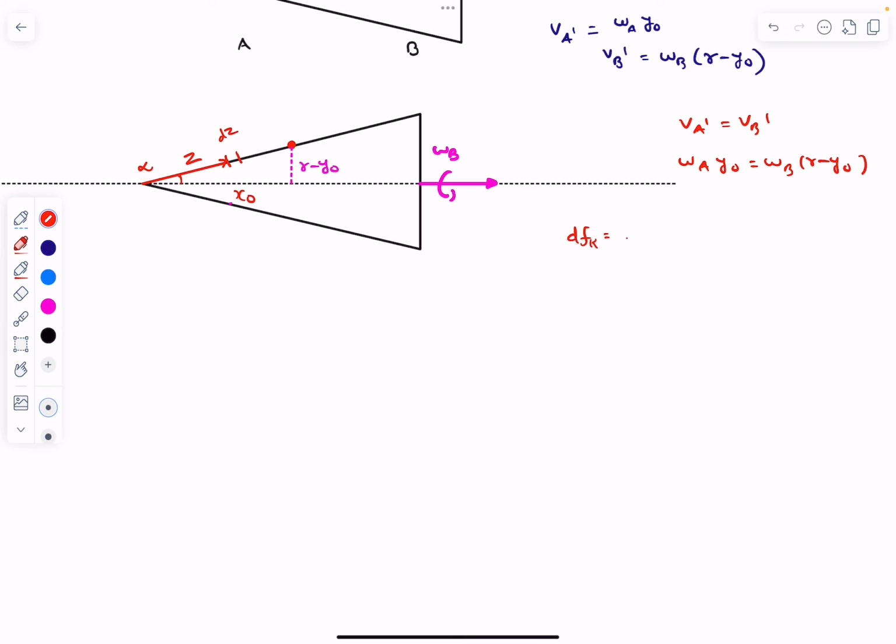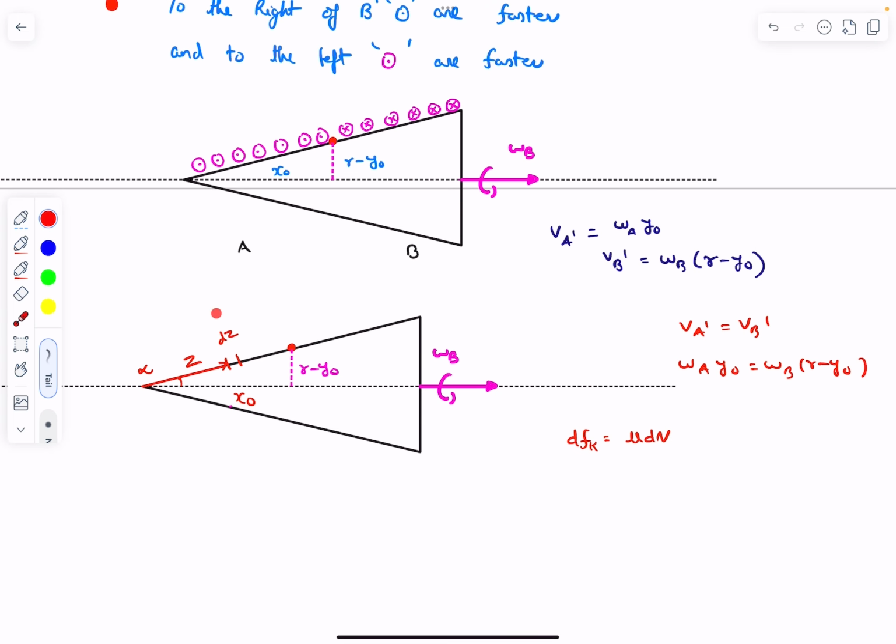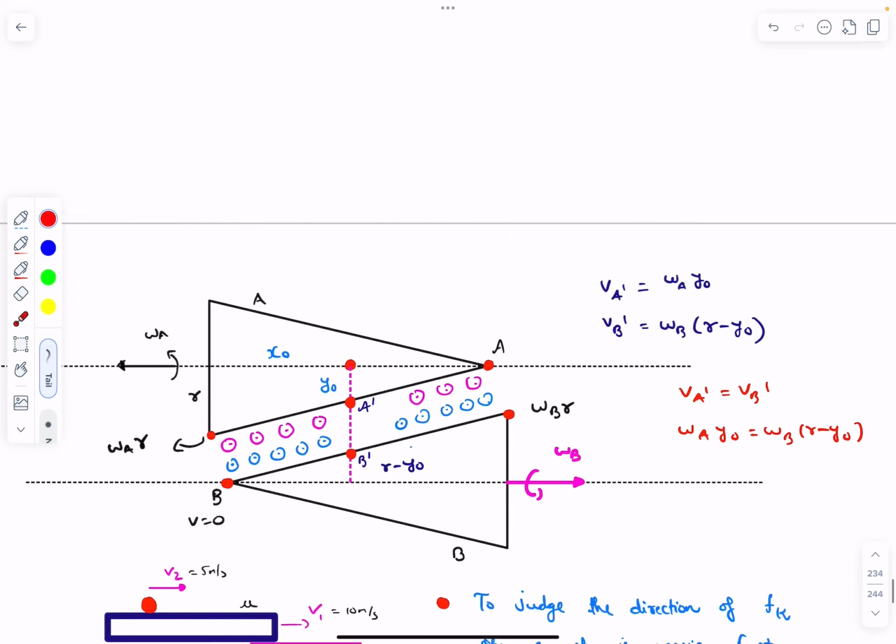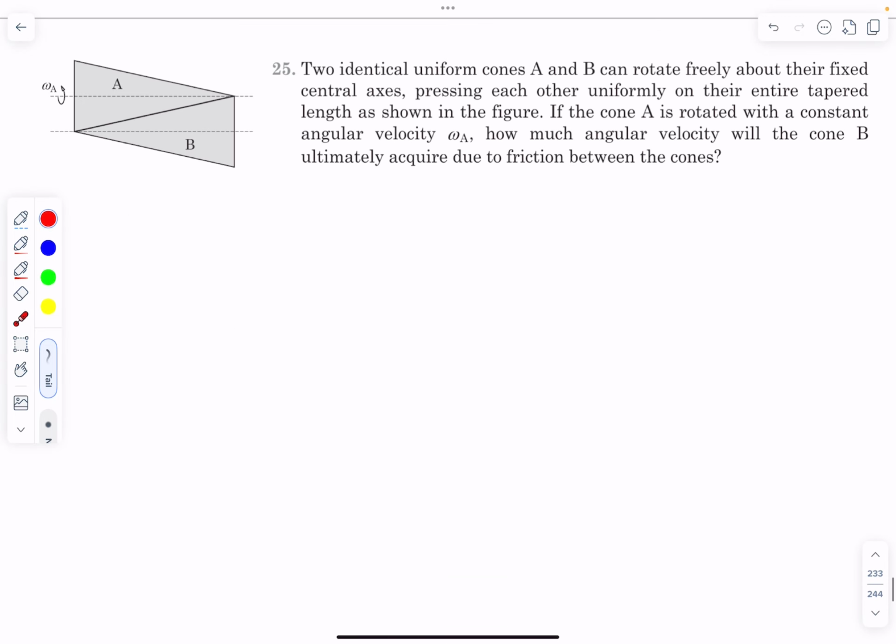We can write it as mu times the normal reaction dn acting on this point, right? And dn is the normal reaction that the upper cone exerts at this location. Now about the normal reactions, they have given us information. They're saying they are pressing against each other uniformly on their entire tapered length. So that normal reaction throughout this contact line is uniform, meaning if you were to define a quantity, normal reaction per unit length, just like mass per unit length, this is going to remain a constant.